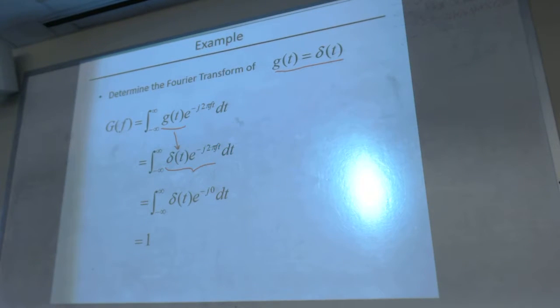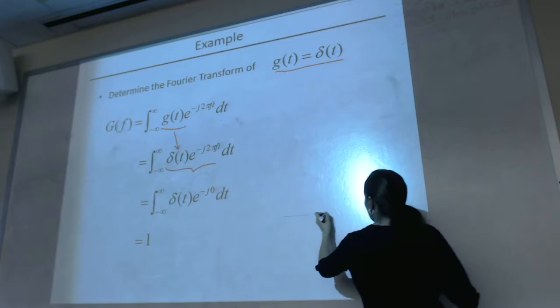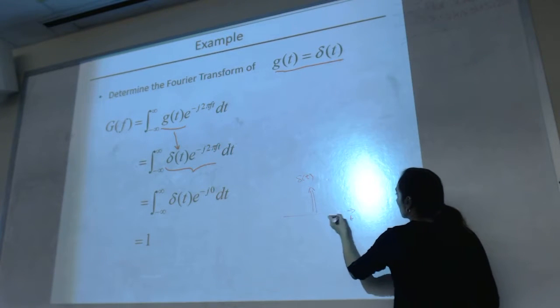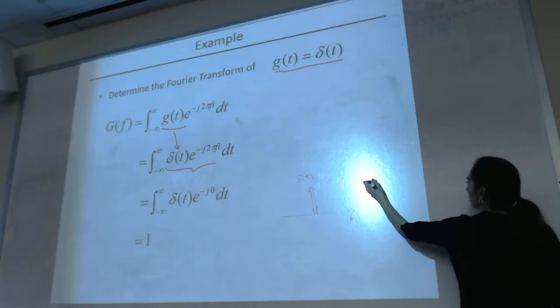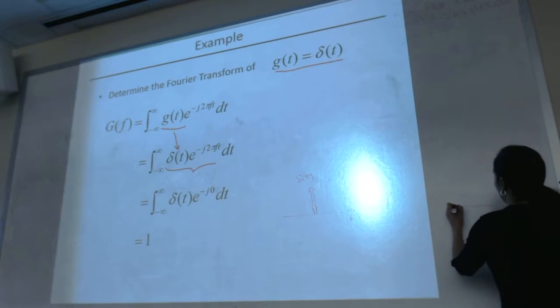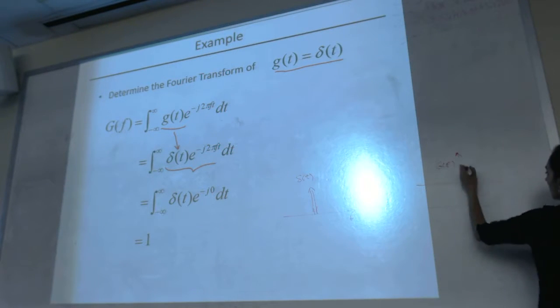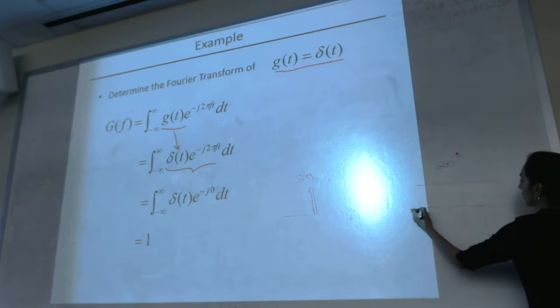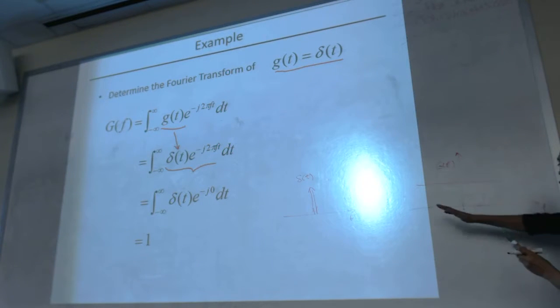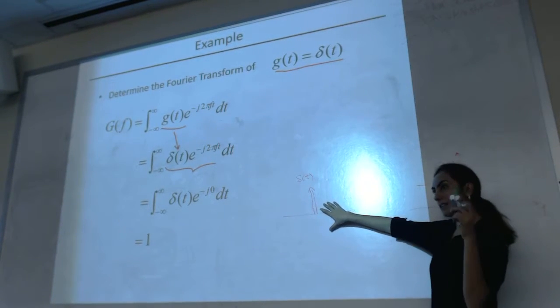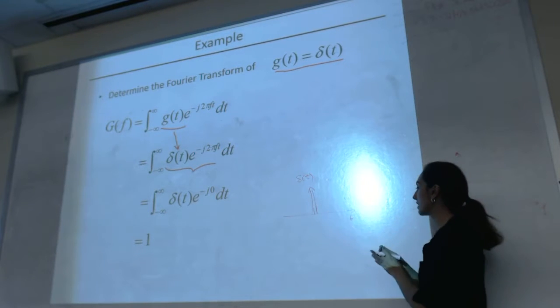Therefore, it says that if in the time domain you have a delta, then if we look at the Fourier transform, G(f) is 1 for all the frequencies. In other words, all the frequencies are present in the delta. Remember we had something similar in the periodic version, the impulse train.